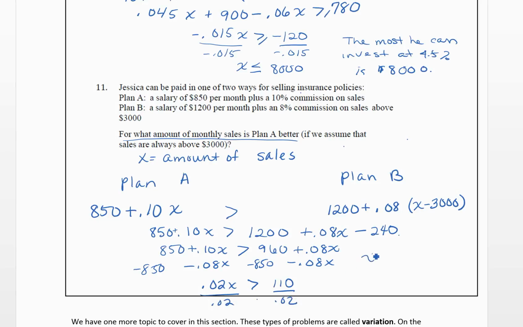So we get that x is 5,500. Okay, so we could say plan A is better if she makes more than $5,500 in sales.